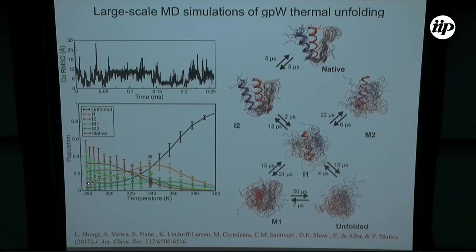So they saw unfolding, they saw different clusters, and they classified them according to their criteria. They did find some particular clusters in which there was a symmetry issue, right? Those are called M because they are mirror images. But in general, all of this is probably what is more relevant for the process. The first indication you get from the simulations is that it's not a two-state system, it has complexity.